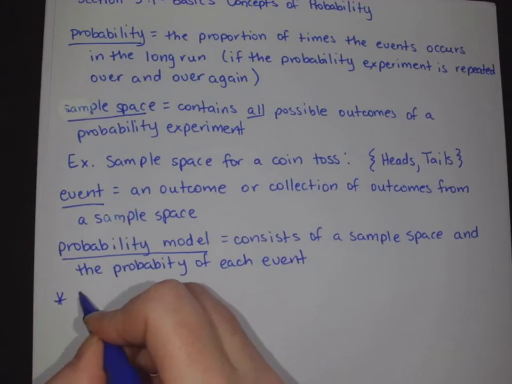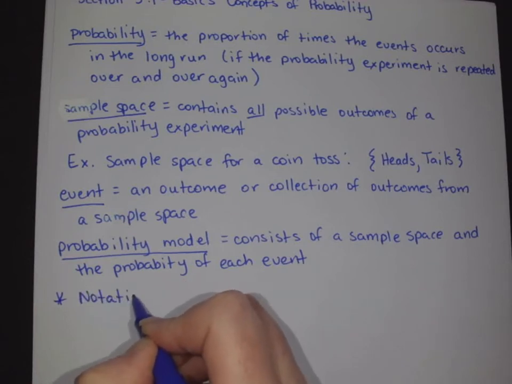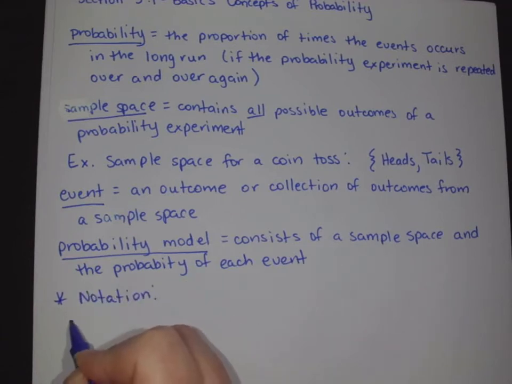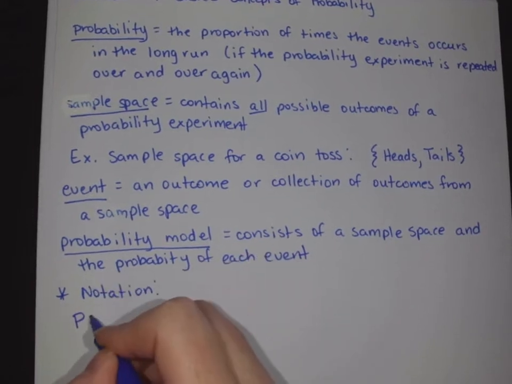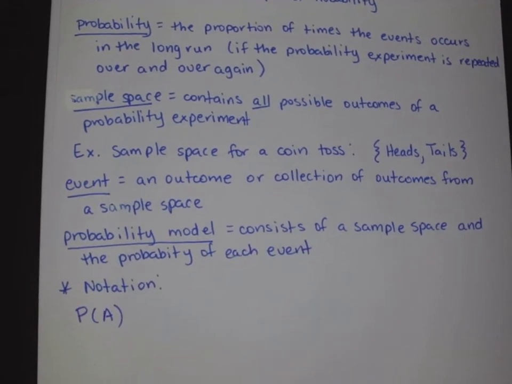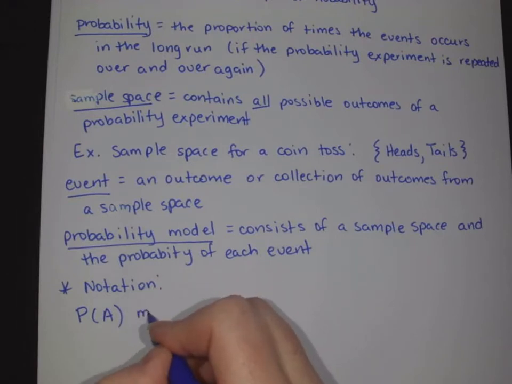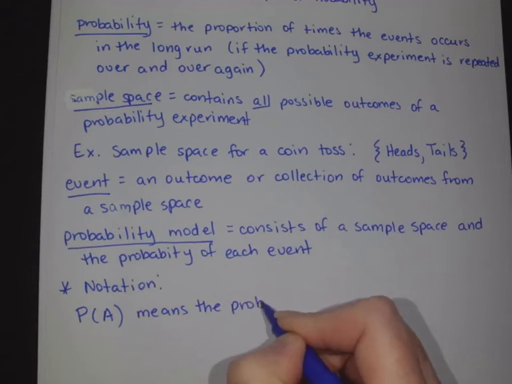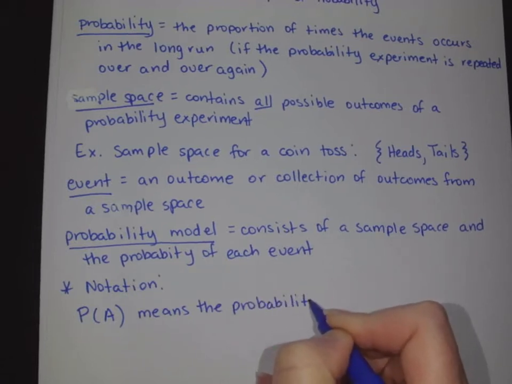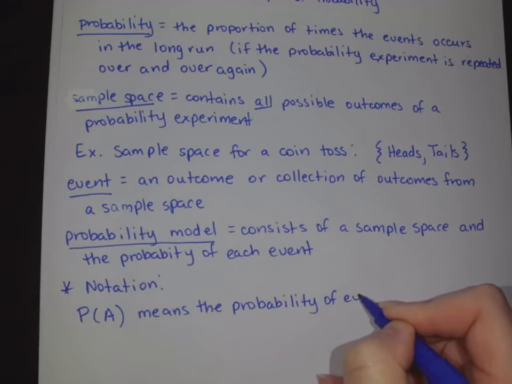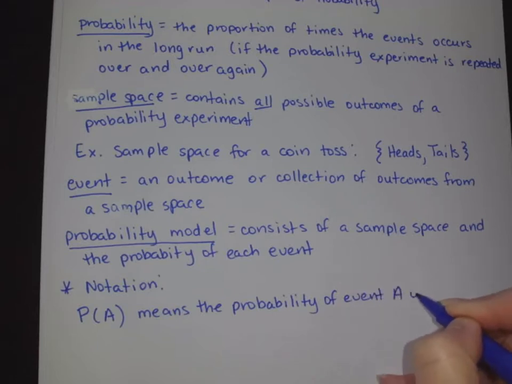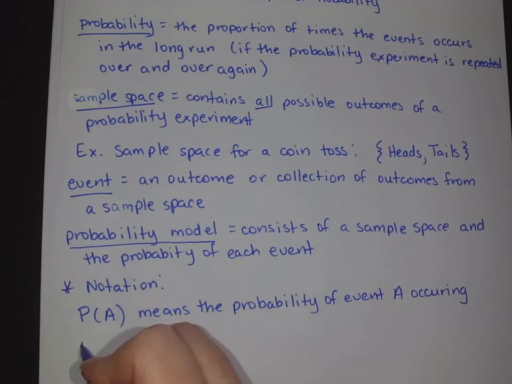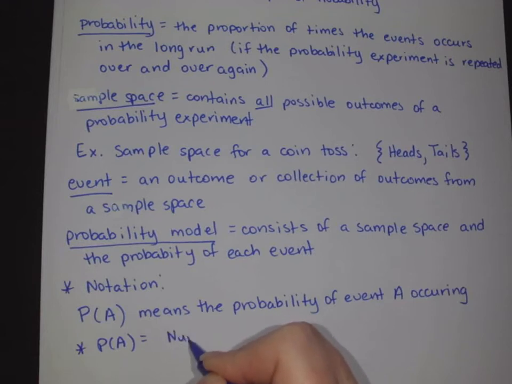So here's some notation that we're going to use going forward. We're going to use a capital P to stand for probability, and then whatever event we're trying to track, we put that in parentheses. So P(A) means the probability of event A happening. The formula for the probability of A is sometimes pretty simple.